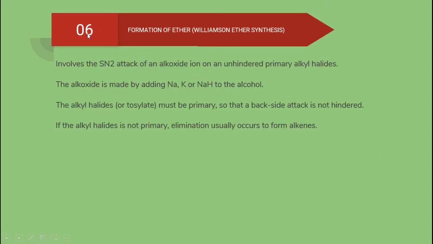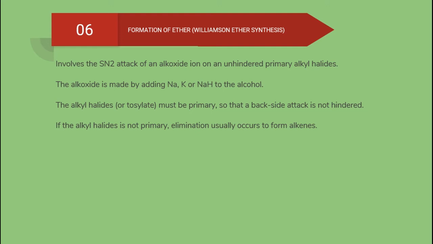The sixth one is the formation of ether, which is the Williamson ether synthesis. The formation of ether involves the formation of alkoxide ion. So in order to form an ether, we must first form the alkoxide ion. How to form an alkoxide ion?